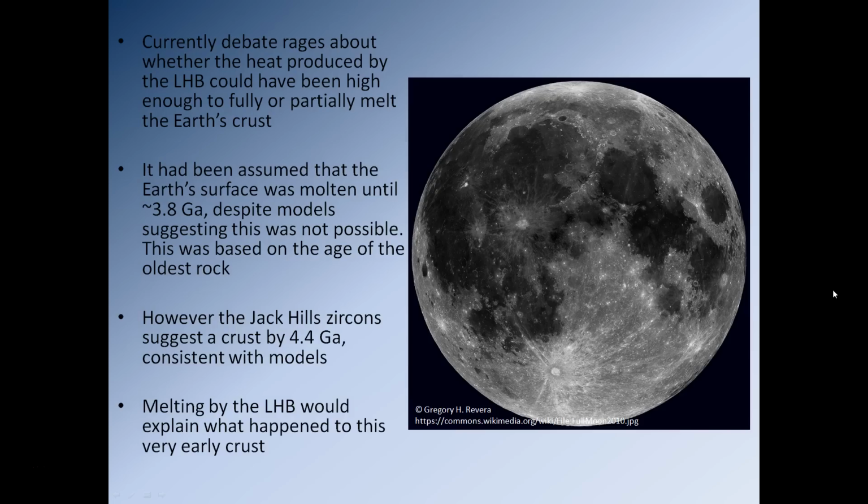This late heavy bombardment, between 4.1 and 3.8 billion years ago, hit the Earth so hard with so much energy that all of these impacts caused the Earth's surface temperature to rise, and the crust melted and was destroyed. Eventually things cooled back down again, and we started to see the formation of a solid, stable crust again somewhere in the region of about 3.9, 3.8 billion years ago.